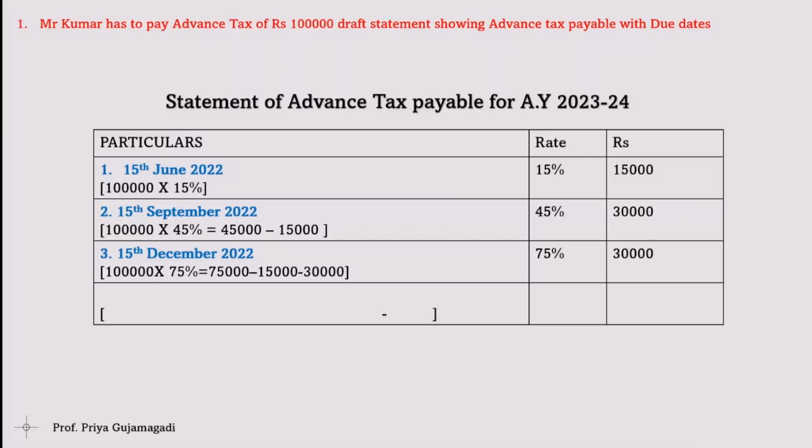In the third installment, we have to pay 30,000. Fourth installment, 15th March 2023. We need to pay 100%. 1 lakh rupees into 100%, obviously it will be 1 lakh rupees. But 3 installments are already paid, so we have to deduct them. 1 lakh rupees minus 15,000 minus 30,000 minus 30,000. So the remaining is 25,000.